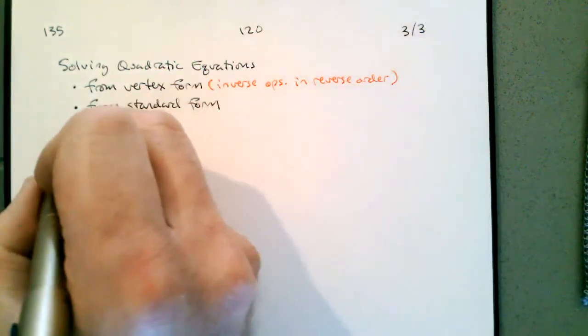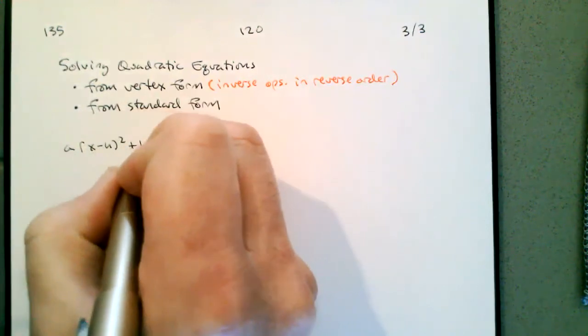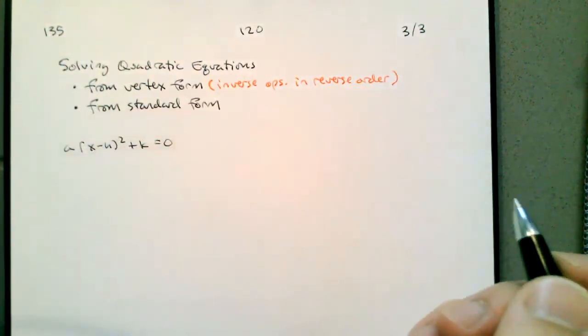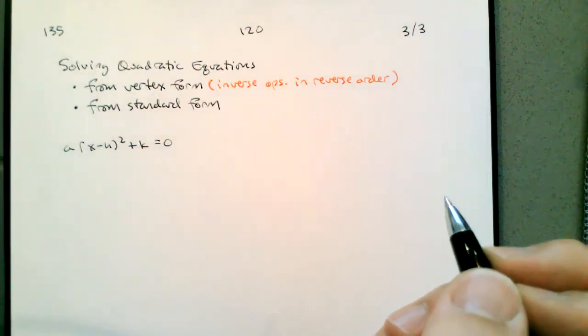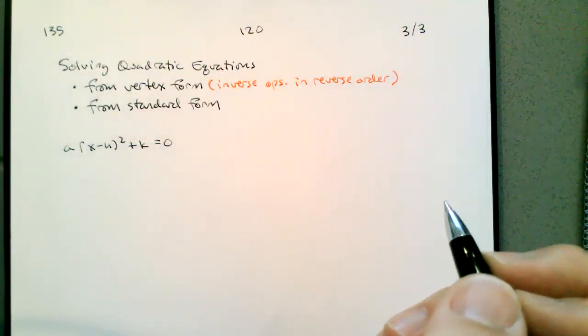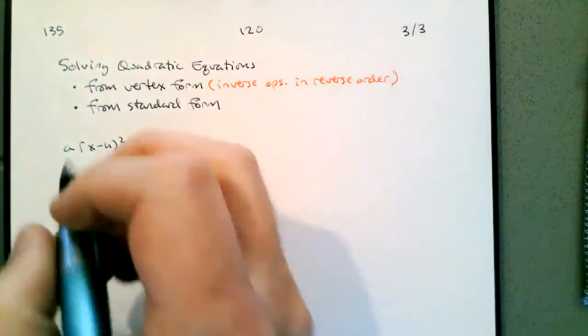So if we're looking at, say, a times x minus h squared plus k equals 0, let's look at the things that happened to the x, what turned an x into a 0.